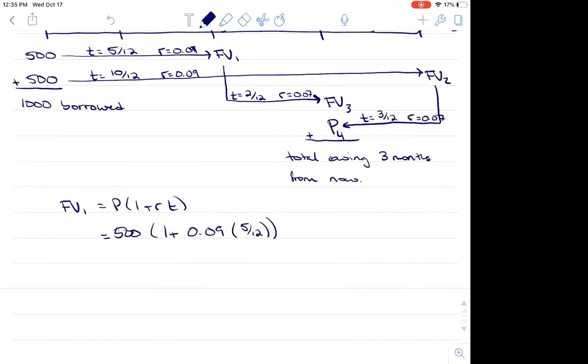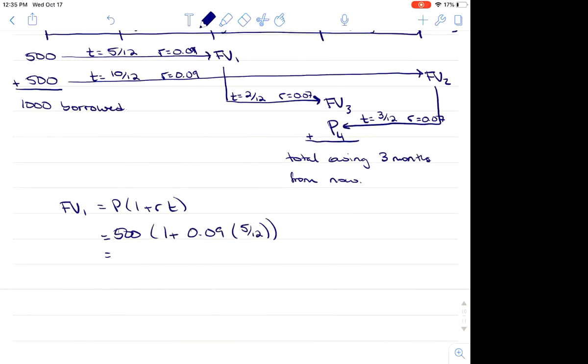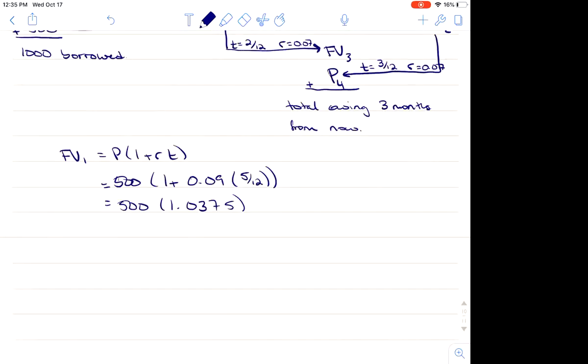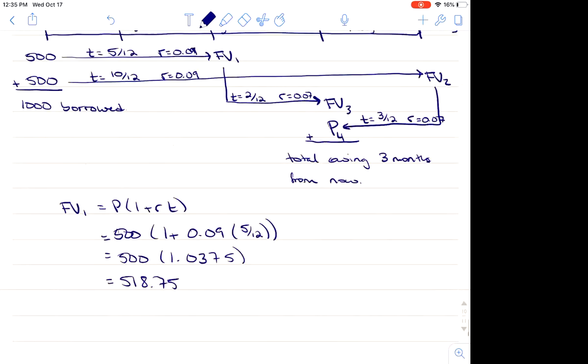Five over 12 times 0.09 plus 1, times 500, gives 1.0375, so 518.75.